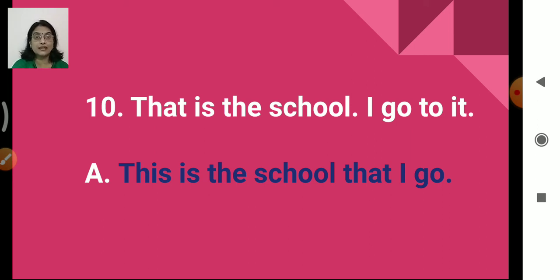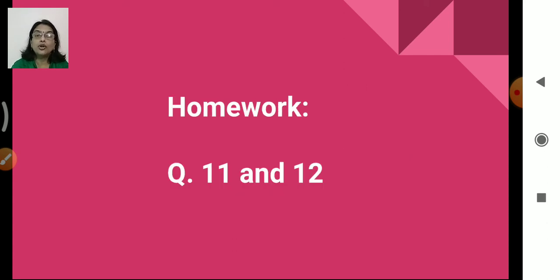Not only this exercise, the previous exercise also, in all the exercises that we have done today, though we have removed some words and added some, we have not changed the meaning of the sentence. The sentence meaning remains the same, right? That is the school I go to it. This is the school that I go. The meaning is one and the same. Okay? Fine. Now, I hope you have followed.